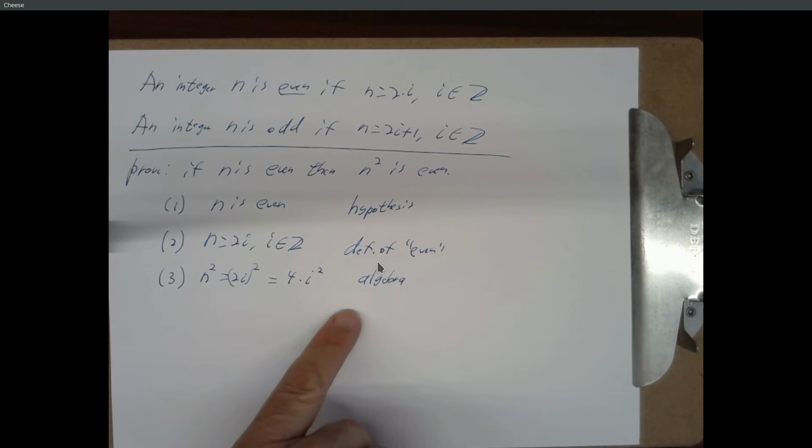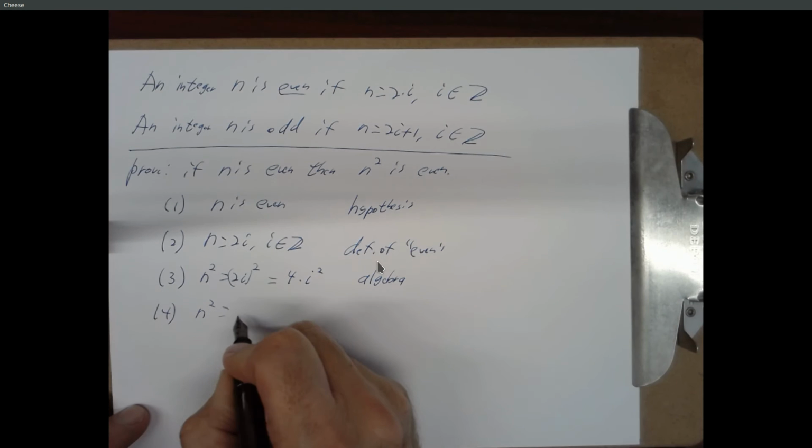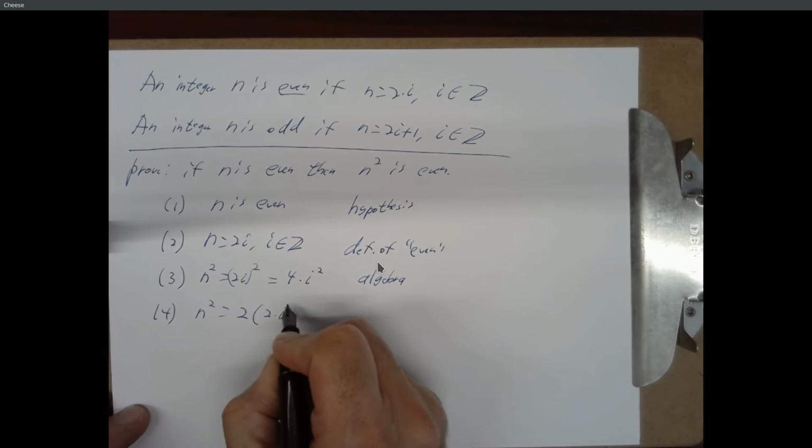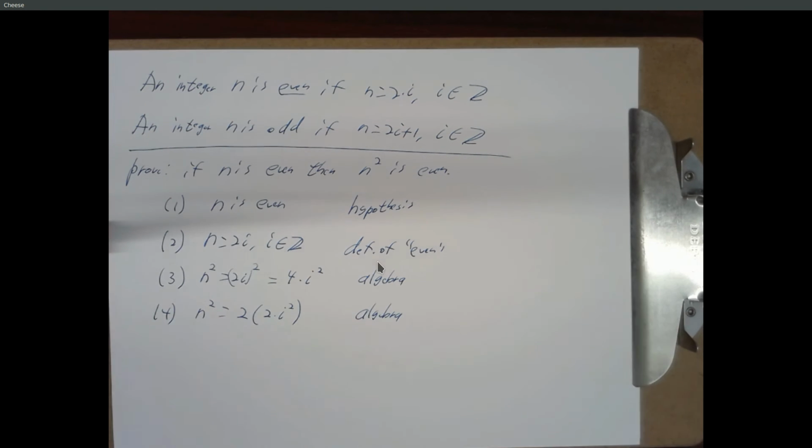Now, if we know that n squared is 4 times I squared, how can we use that to conclude that n squared is an even number? So that's just pulling out a 2.